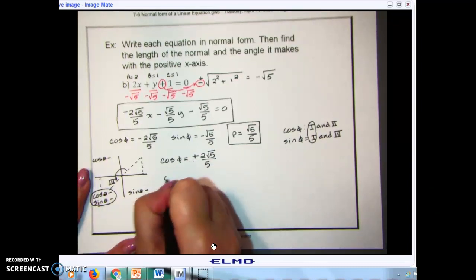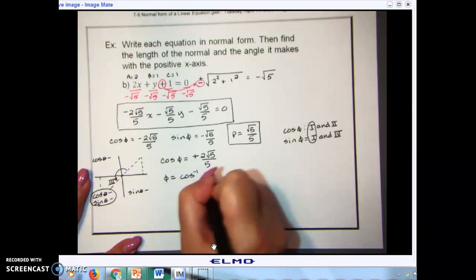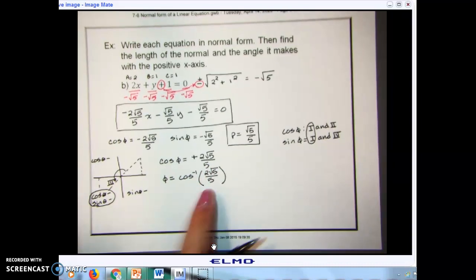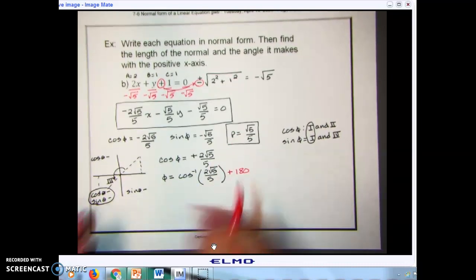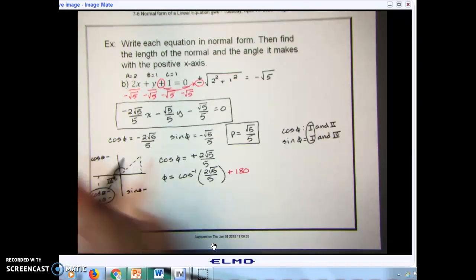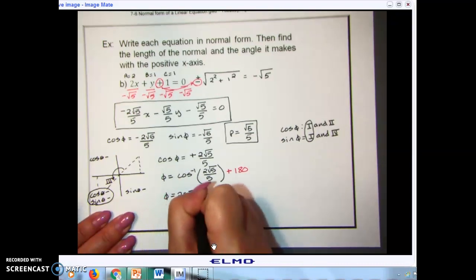And so then when I'm done, my quadrant 1 answer is going to be the inverse cosine of 2 root 5 over 5. But remember, that's going to be a quadrant 1 answer. So to make it a quadrant 3 answer, we're going to add 180 to that. So if we go ahead and do the inverse cosine of 2 times the square root of 5, divided by 5, and then add in 180, that's going to give us 207, or 206.5, either way.